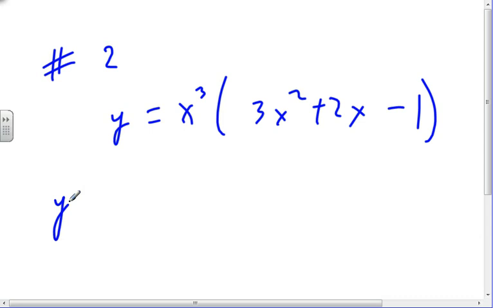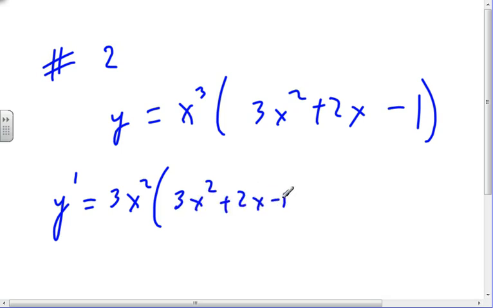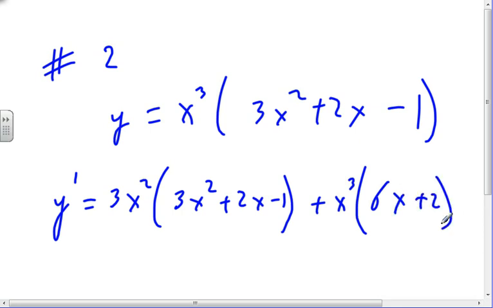All right, so y prime is going to be the derivative of the first guy, 3x squared, times the second guy, plus the first guy times the derivative of the second guy, and I'm done. Now, we could go and combine terms, right? We could go and make it look different than that.